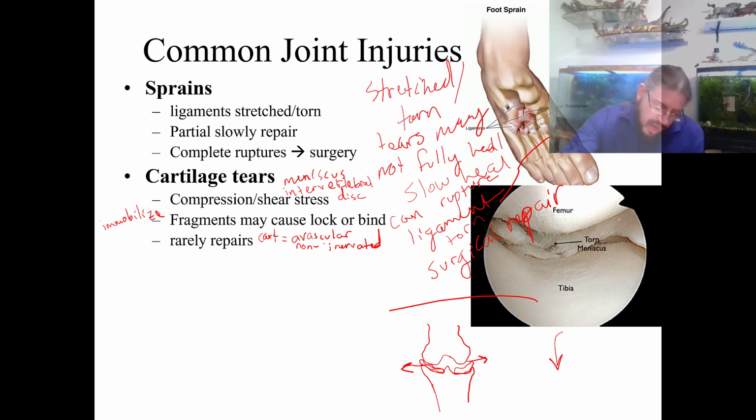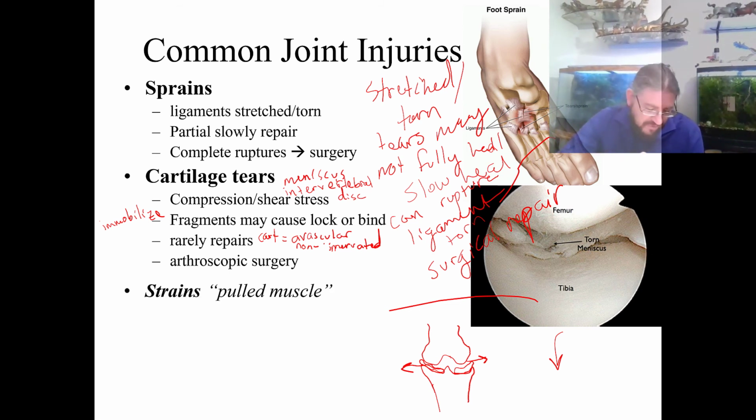It is not innervated, which means it doesn't have a nerve supply. So you don't have a ready nerve supply to sense the damage and dispatch healing cells. And it's avascular, which means you don't have a cascade reaction to damage either. So rips and tears rarely ever repair themselves naturally, and you generally require arthroscopic surgery for this sort of thing.